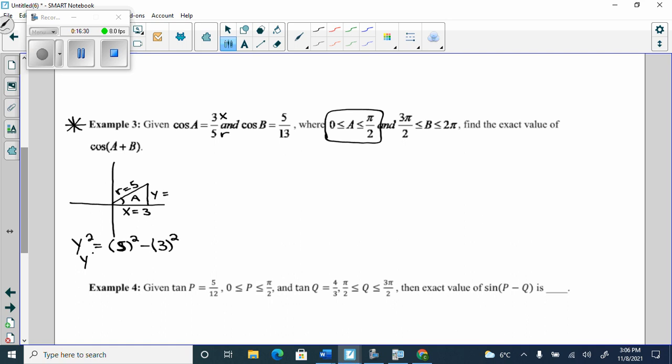So y squared equals 25 minus 9. Y squared equals 16. Square root, plus or minus, y equals the positive square root of 16, which is 4.